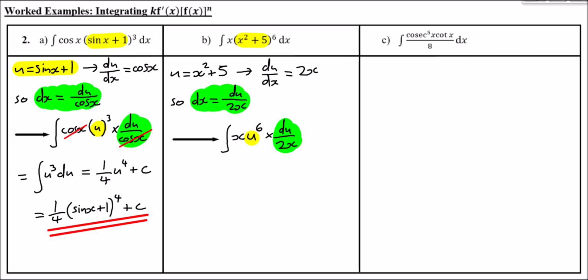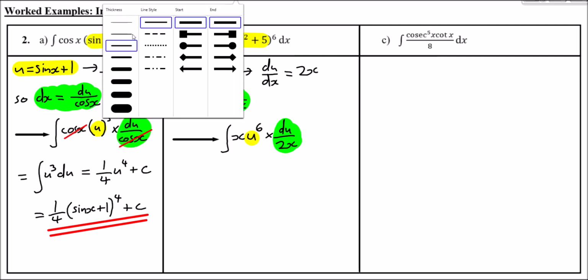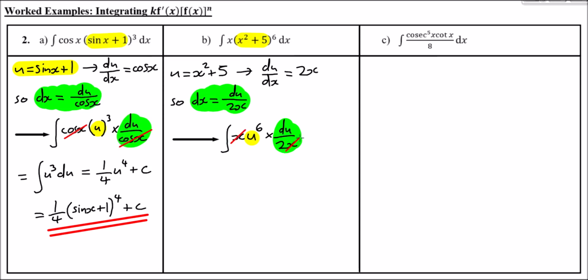You know me by now, I'm hoping. So that x will cancel here, and an x will cancel there. Don't cancel the 2, of course, so just be careful when you're cancelling with lines. Don't overdo them. So this is going to give us, we're dividing by 2, so I'll put that half on the outside, and then we're just going to have u to the power 6 du.